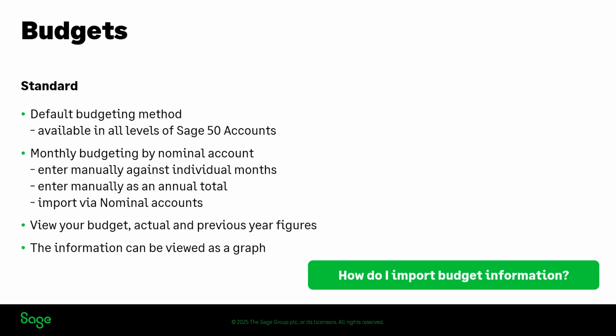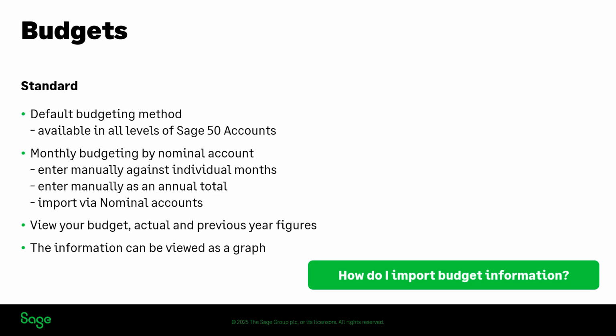You can enter individual monthly balances, or you can enter an annual total and let it divide it equally between your months. You might not want to go too in depth. You might just think, against this nominal code, I just want to enter an annual budget. You can do that, but it will divide it evenly between the various months, and you'll see that in the demo in just a few minutes as well.